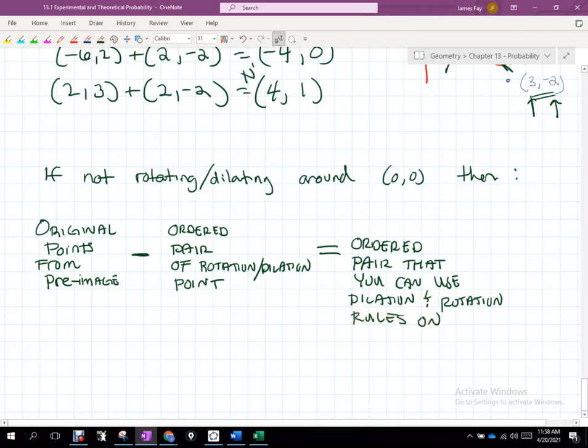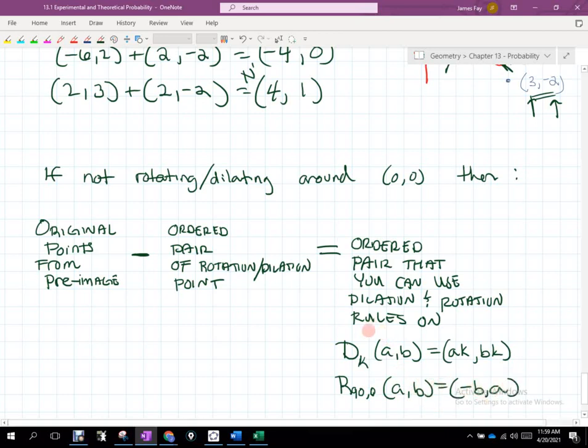Which, as an example, if I were to take a dilation of, I'm just going to say K, where K is just some value, might be 2, might be 3, might be a half, whatever, of AB, then when I dilate, that ordered pair becomes A times K and B times K. If I'm doing a rotation of 90 degrees, then AB becomes negative B, A. Okay, and there's 2 other rules that we learned for 180 and 270.